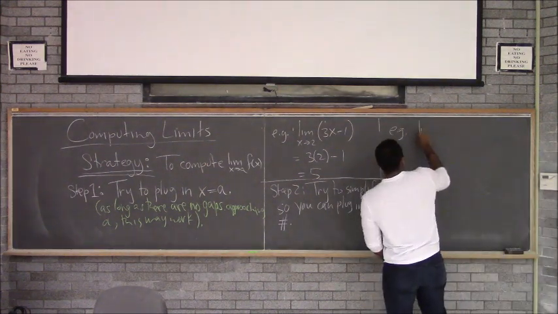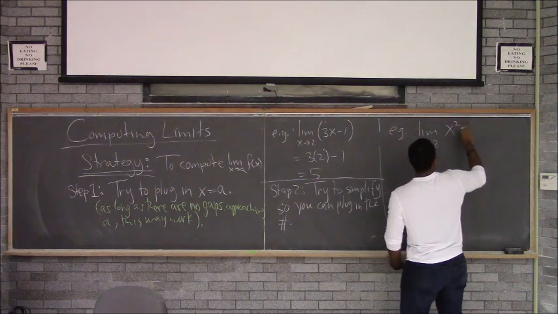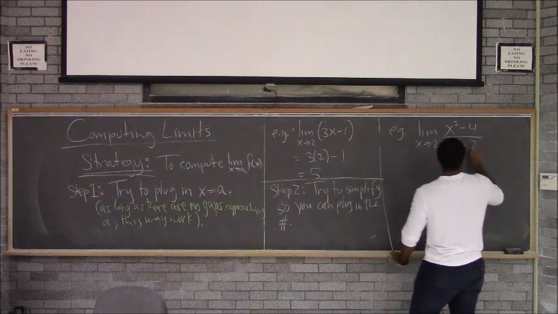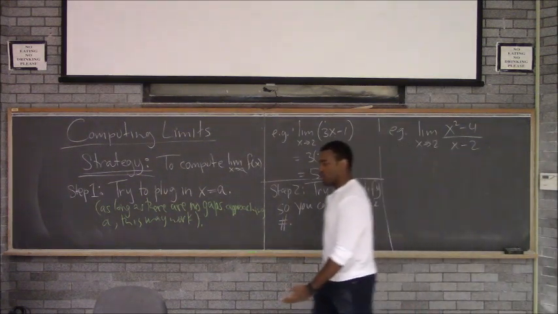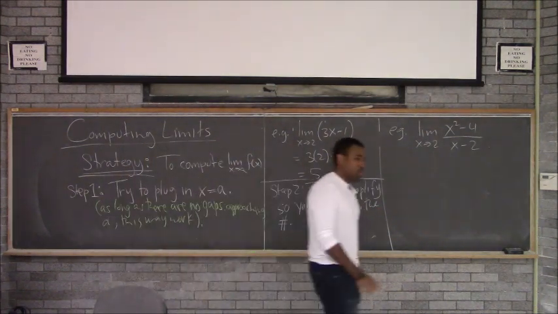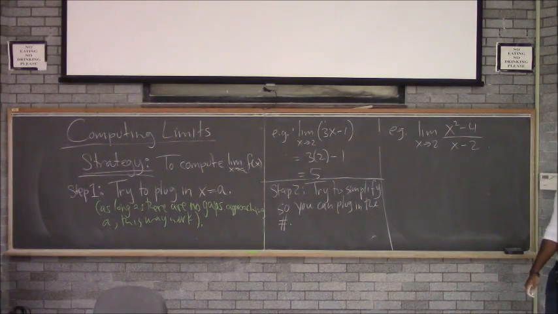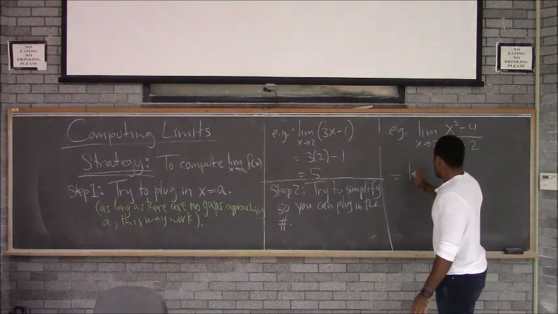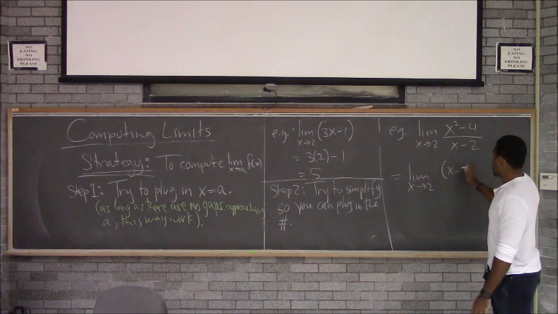This was the example where we had the limit as x approaches 2 of x squared minus 4 over x minus 2. In the beginning, we could not plug in x equals 2 because we would divide by 0, and that's crazy. So you can't plug in the number. The next thing to try is, is there a way to simplify so I can plug in the number? In this case there is, because there is a thing called difference of squares, which the top will factor into that.